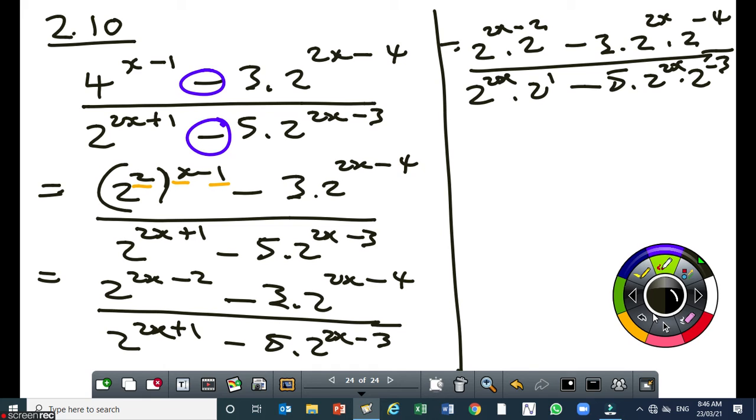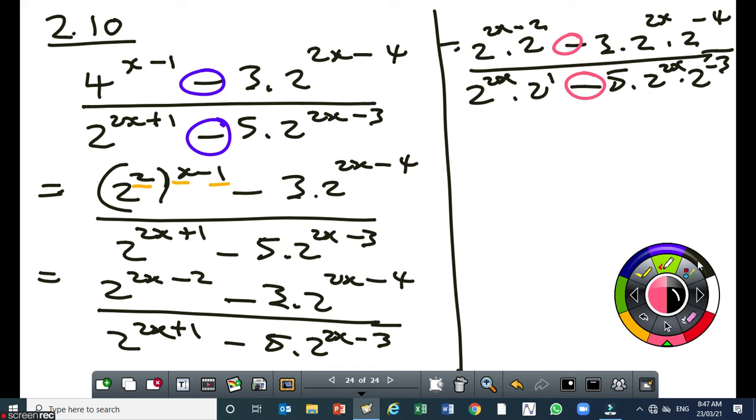Generally you cancel out after taking out the common factor, or if there was a monomial in the numerator and a monomial in the denominator, if there are like terms in the numerator and denominator, then you can cancel out. Now here, because of this minus and that minus, don't cancel out just like that. Factorize.